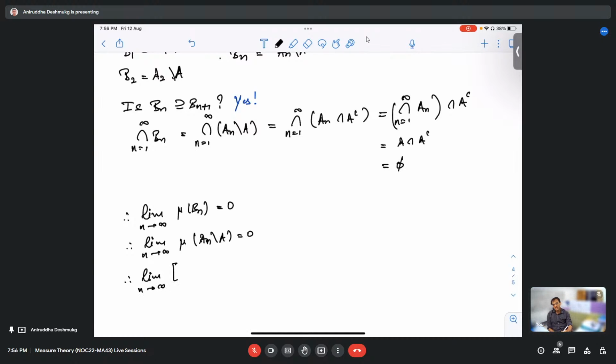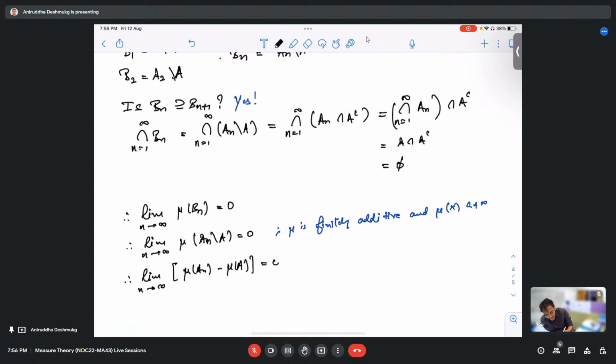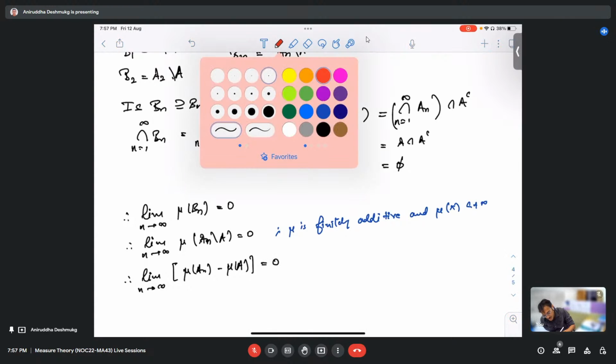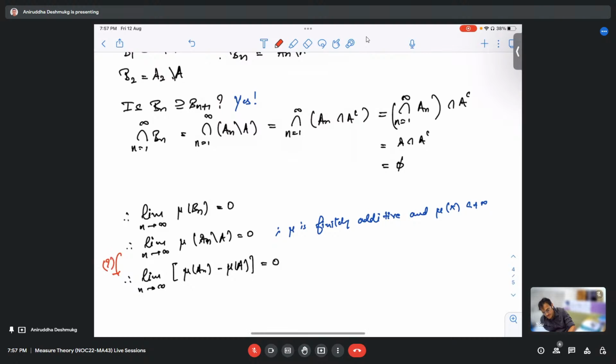But what is mu of A_n difference A? See, remember that mu is finitely additive and the mu of the whole set is finite. This is what we are going to use. So just by this, can I write this as mu A_n minus mu A? Can I go from this step to this step without a problem?